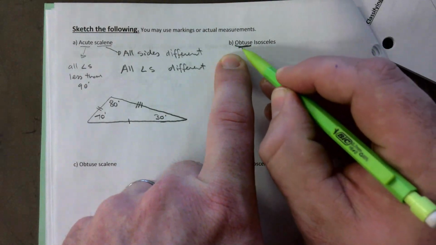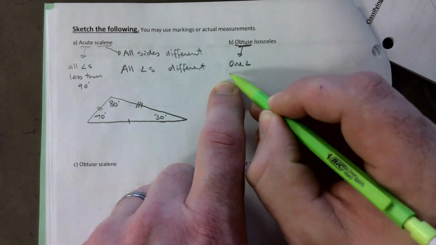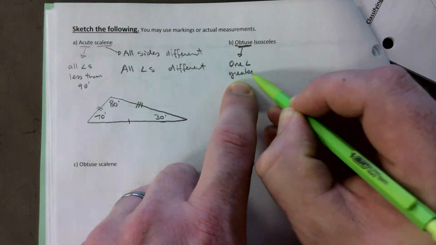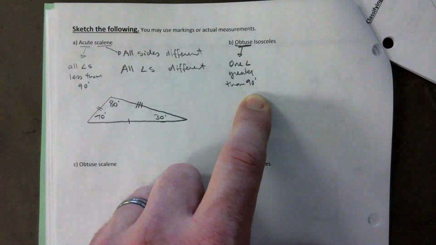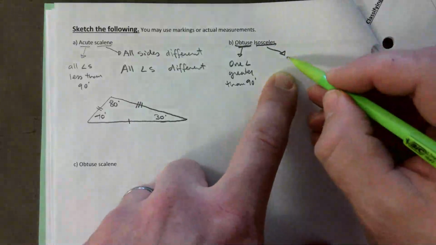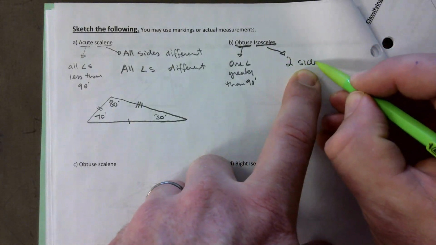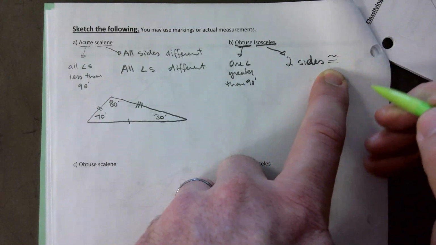Obtuse, one angle greater than 90. That's what that is saying. Isosceles, two sides that are the same, correct?